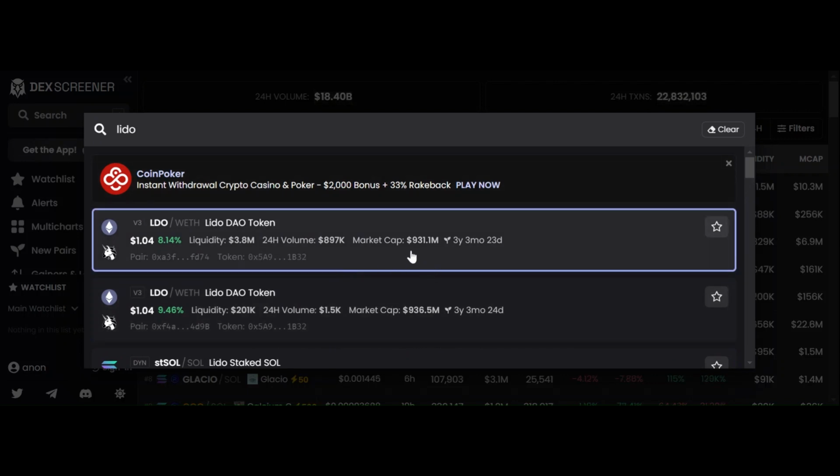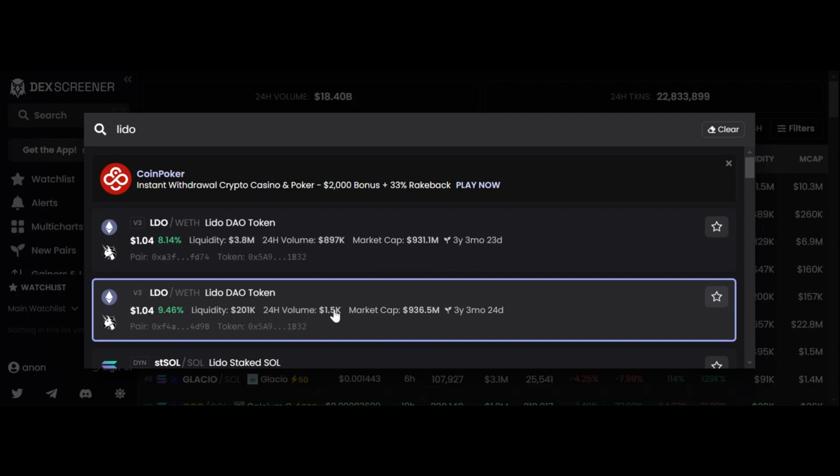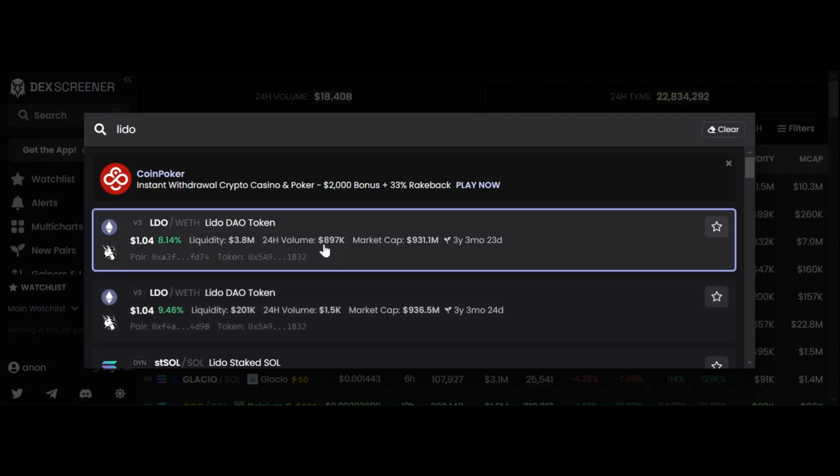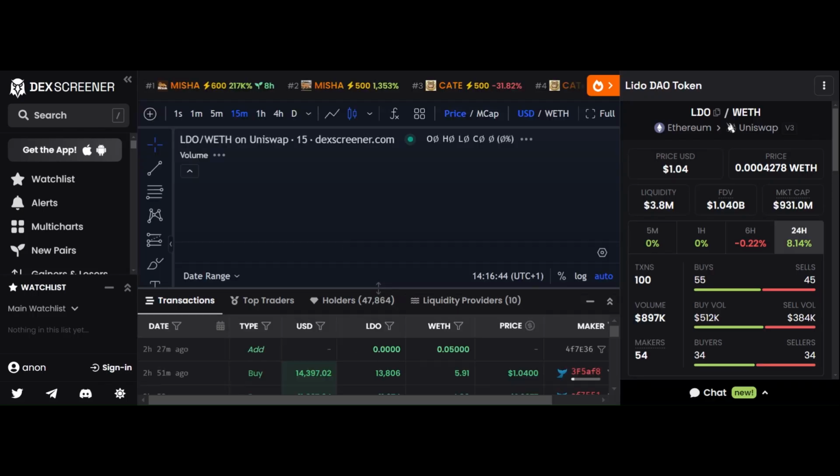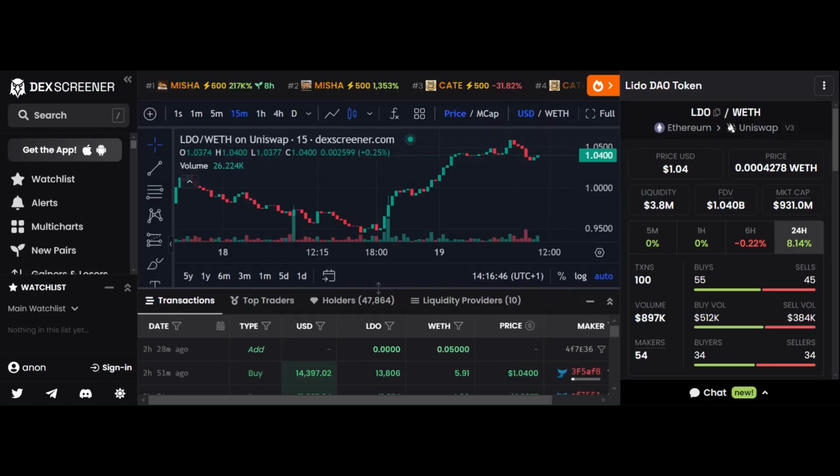And then from here I can see 24-hour volume 897k, 24-hour volume 1.5k. So I would go with the higher volume. You could have fakes, right? And a good way to spot fakes is by the 24-hour volume. So this tells me the price.